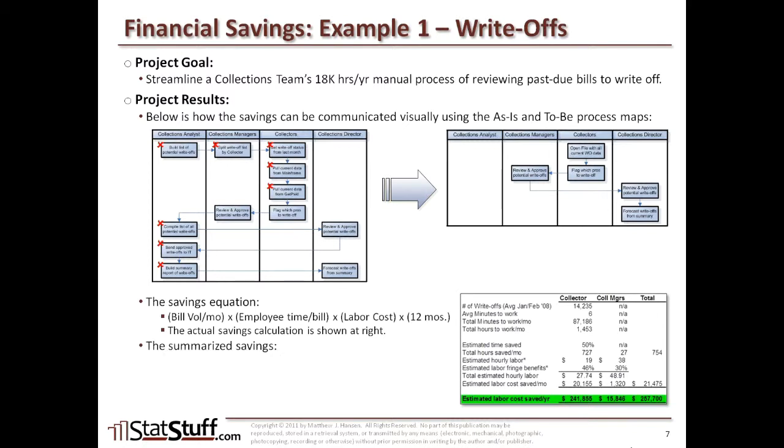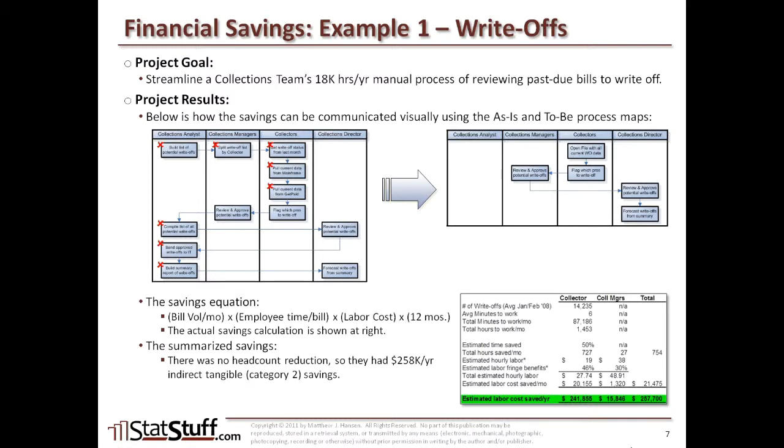To summarize the savings here, by streamlining this entire process, they really didn't reduce any headcount. Since there was no headcount reduction, the $258,000 savings per year was an indirect tangible type of savings.